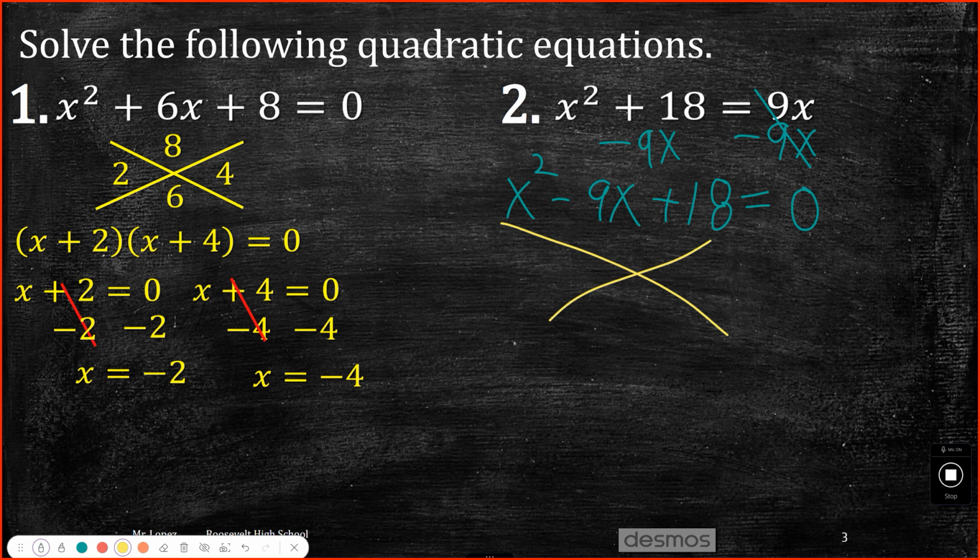What goes at the bottom of the x? Is that a negative 9? What goes on top of the x? 18. And what are two numbers that multiply to equal 18 and add up to negative 9?